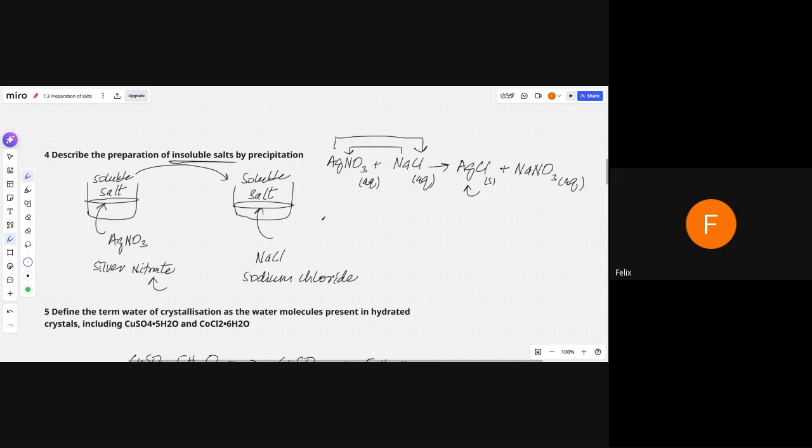Now, once you have this precipitate, how do you separate it from the mixture? We have this precipitate, which is an insoluble salt that we created by mixing two soluble salts together.